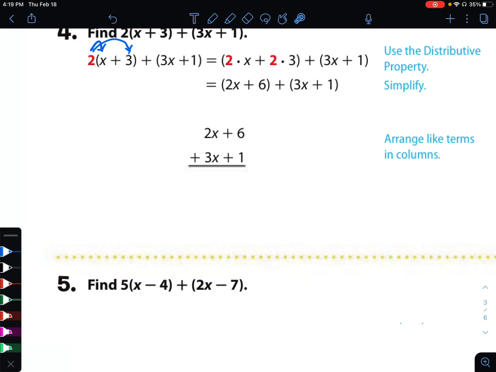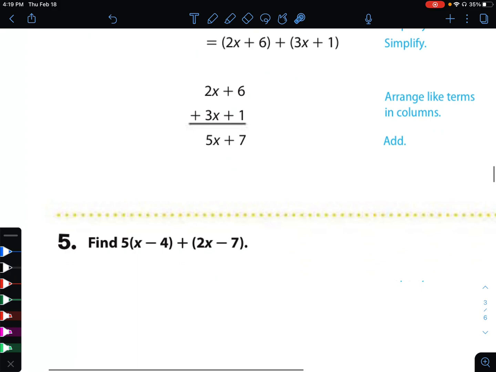So now, since they're like terms, we can add that. 2x plus 3x is 5x, 6 plus 1 is 7. So 2 times the quantity x plus 3 plus the quantity 3x plus 1 in simplest form is 5x plus 7.